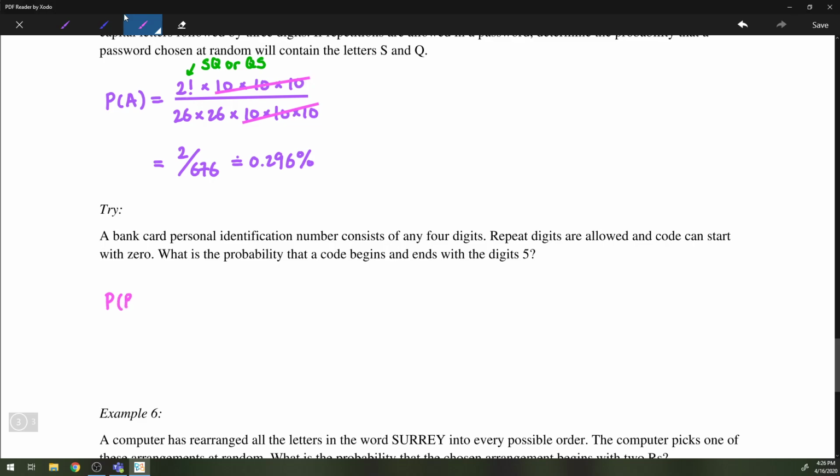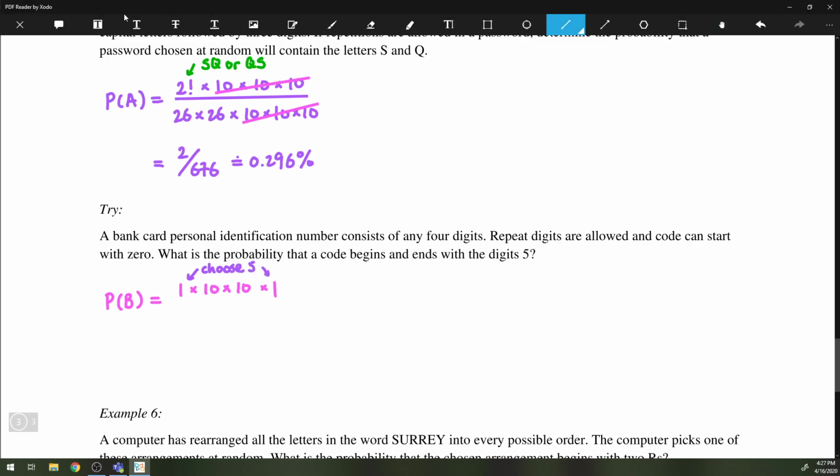Probability of B. So there's only one 5, so there's only one choice for the first digit, and then any 2 digits in the middle, and then it has to be a 5 again at the end. So these are the 2 5s, so we're going to write choose 5 here.